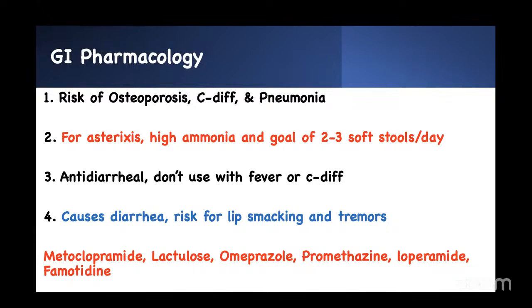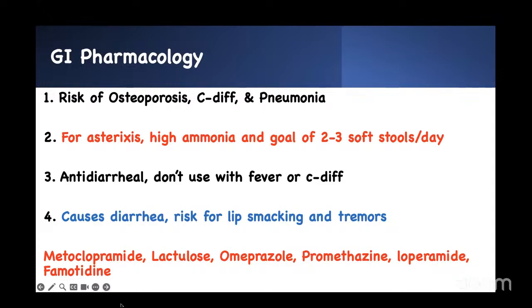Which of these, if you have C. diff, you should not take? And which of these can you use to treat somebody who has asterixis, high ammonia, and the goal is to give 2 to 3 soft bowel movements? Which of these will cause osteoporosis, C. diff, and pneumonia? If you know the answer, just put it in the comments.